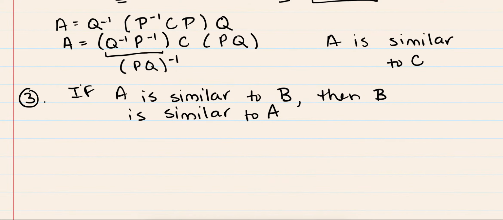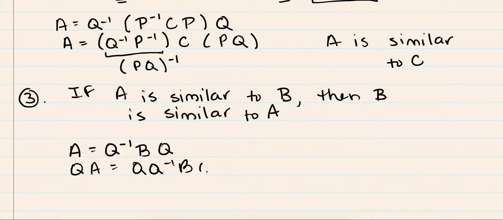Well, if we assume A is similar to B, then we have A is equal to some invertible matrix Q inverse times B times Q. But since these are invertible, we can multiply the left side of both sides of this equation by Q. So we get QA is Q Q inverse B Q. And this is just the identity matrix.